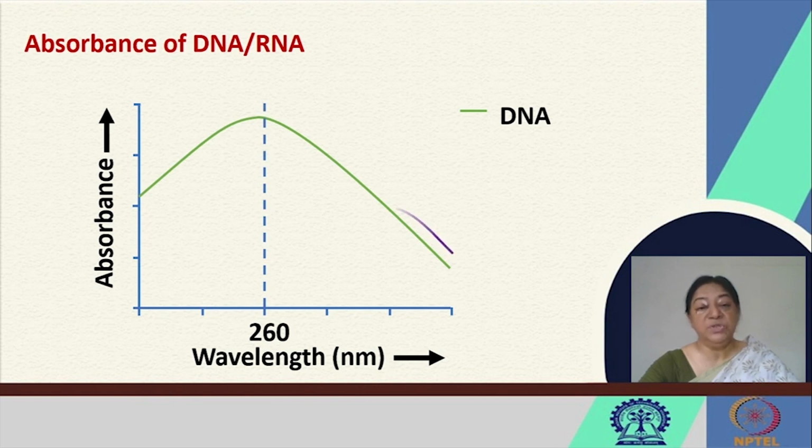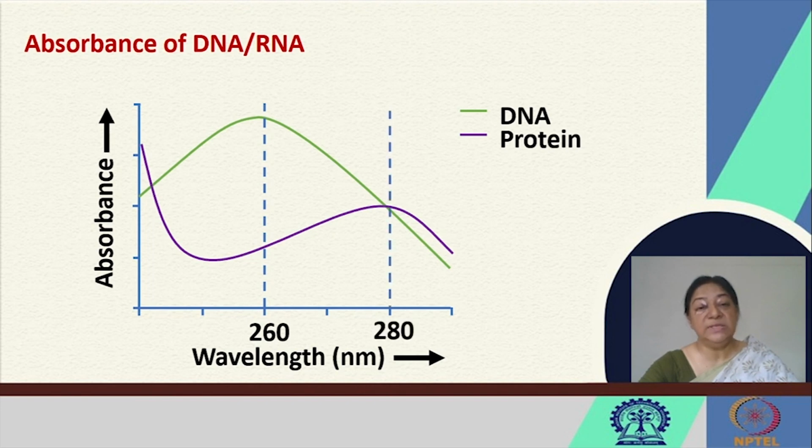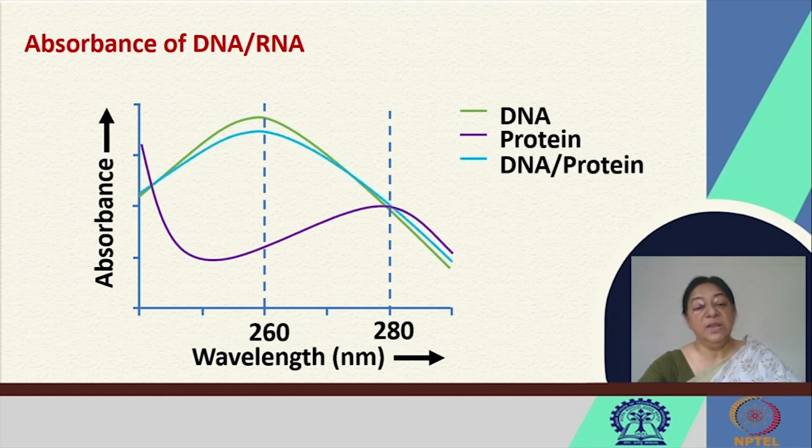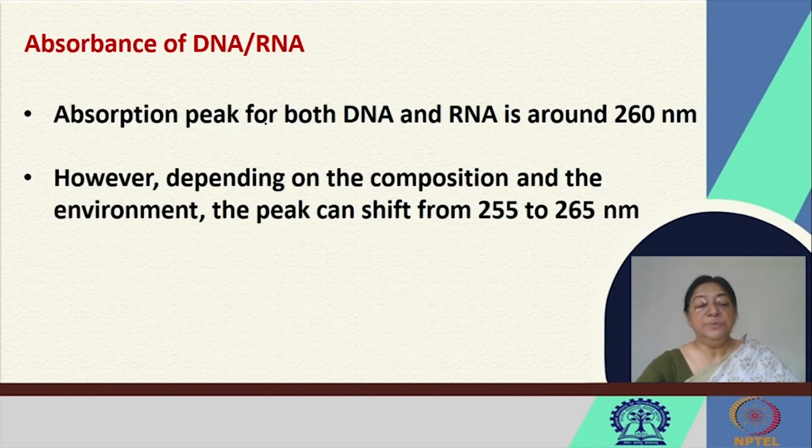And we know for proteins, due to the presence of the aromatic amino acid residues, this absorbance is at 280 nanometers. However, if we have a DNA protein complex, then we have an absorbance around 260 nanometers here.